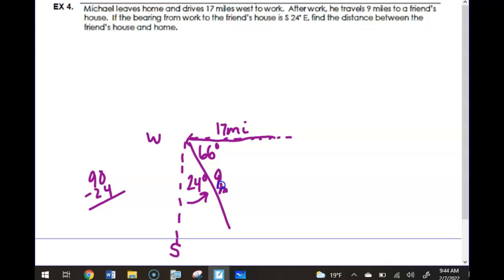So this is 9 miles, the distance between the friend's house and home. So here's the friend's house, and over here somewhere is where he started out at home this morning. Is this a different law or the same? Same. We have still 2 sides and an angle in between.